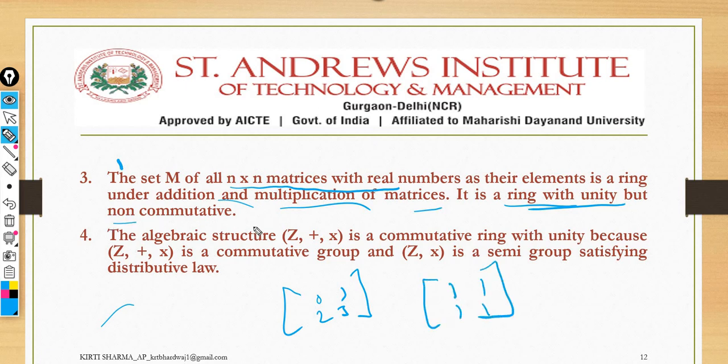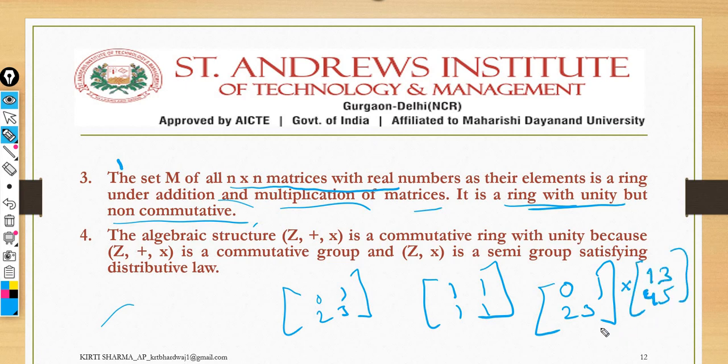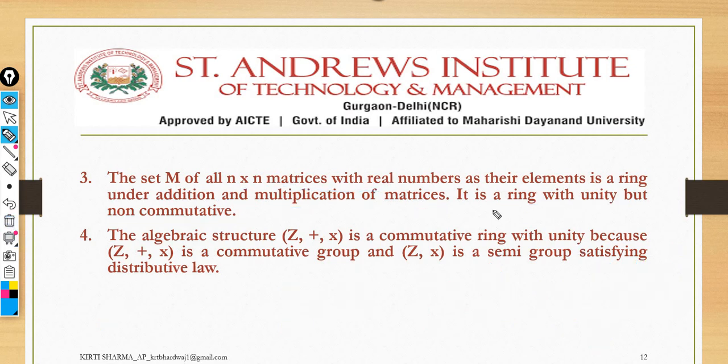But it is non-commutative, because if we change the order of the operation on two matrices, the definition itself changes. If you multiply two matrices like 1 3 4 5 and then change the order, it will give you a different answer. That's why it's not commutative. So matrices do not form a commutative ring. They can satisfy just one condition: it's a ring with unity.